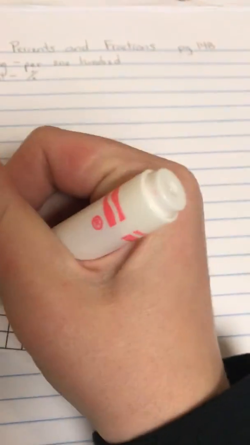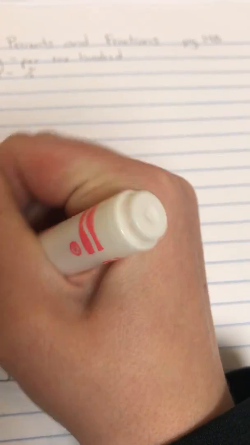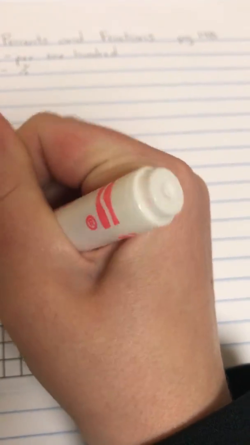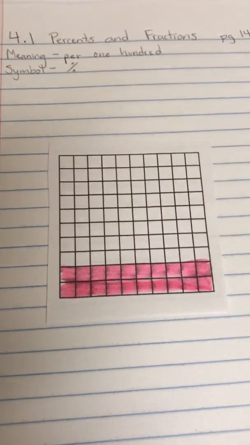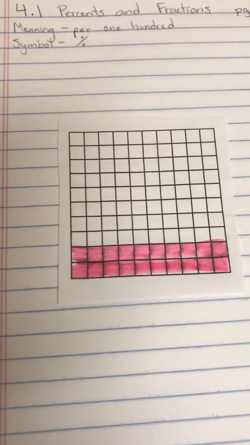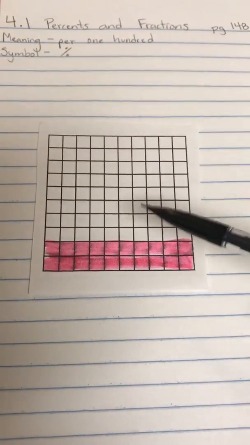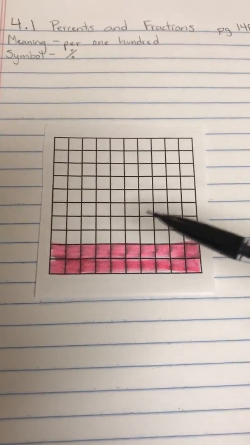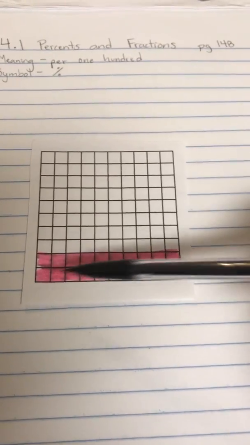Now let's say that I took this and I decided to color 2 rows. Let's say I colored 2 rows, okay? There's my 2 rows colored. So if I have 2 rows colored and I'm trying to find the percent of this right here, we know there's 100 squares on the inside and I just colored 2 rows.